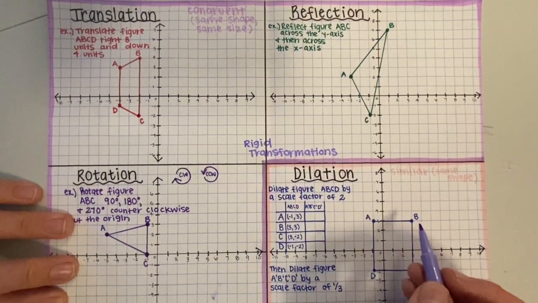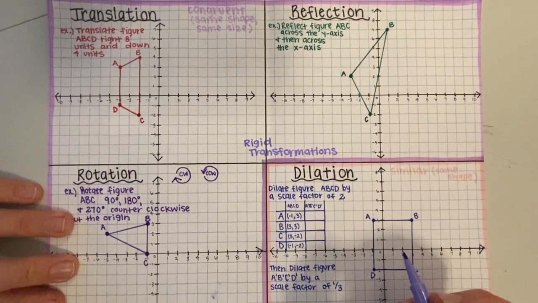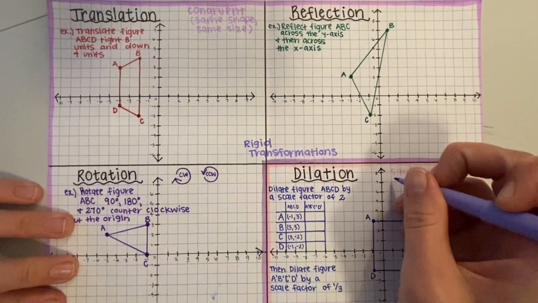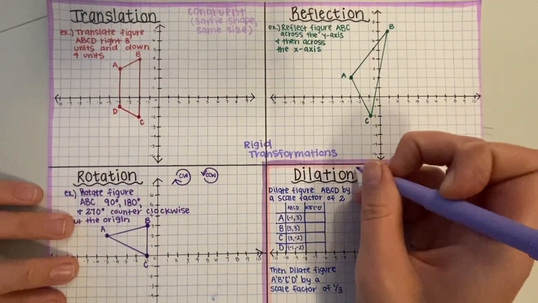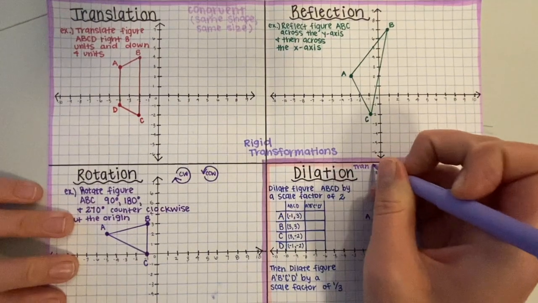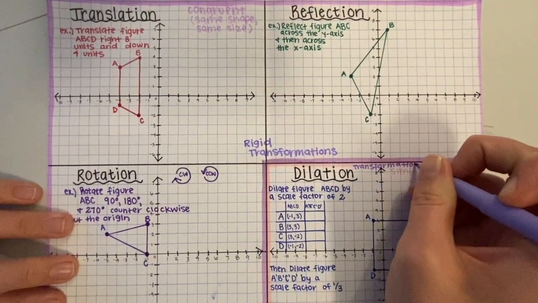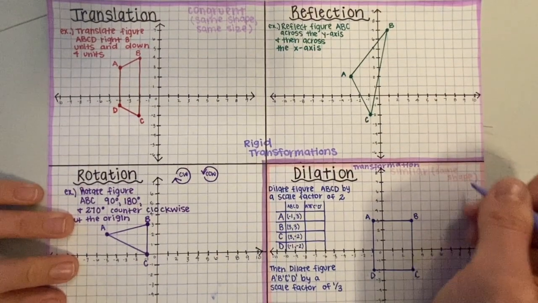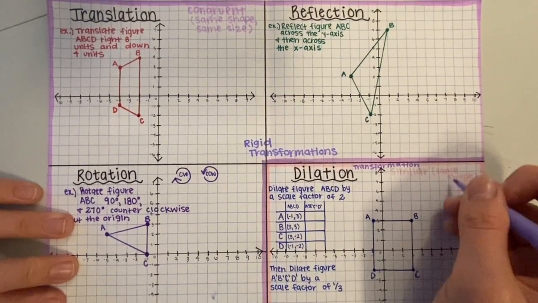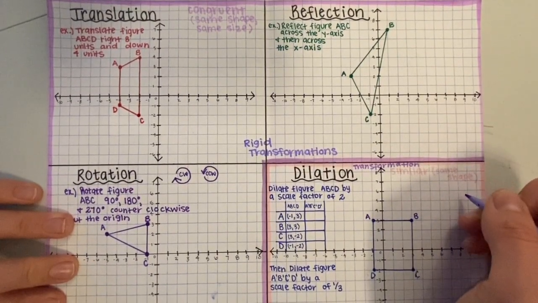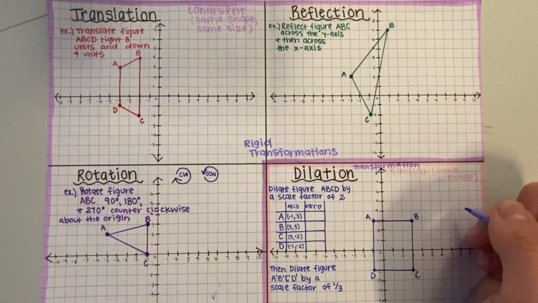So it's not rigid, it's just a transformation. So we can say that this is just a transformation. And dilations create similar figures, and similar means same shape, but not necessarily the same size.